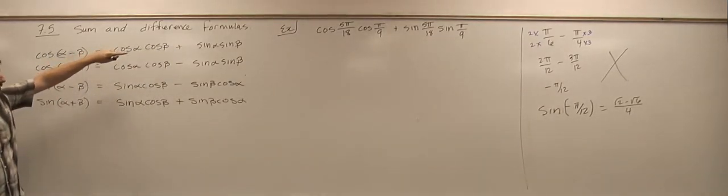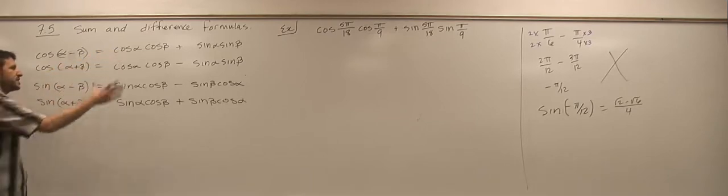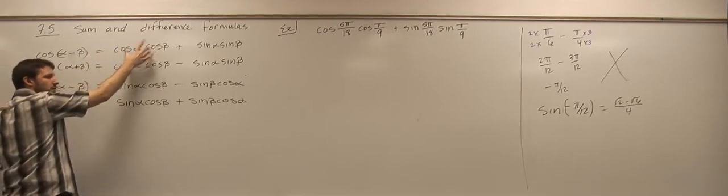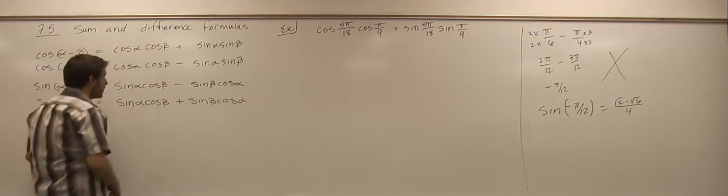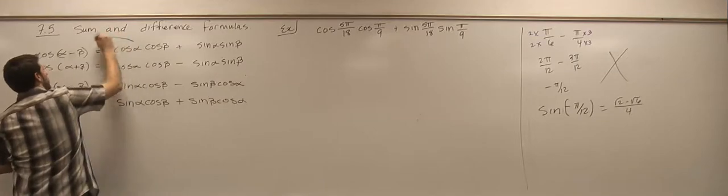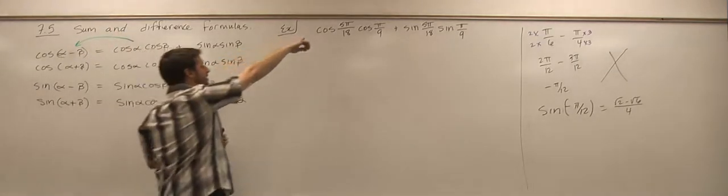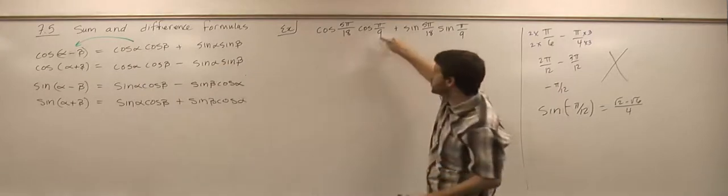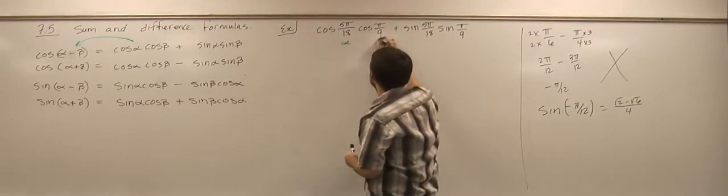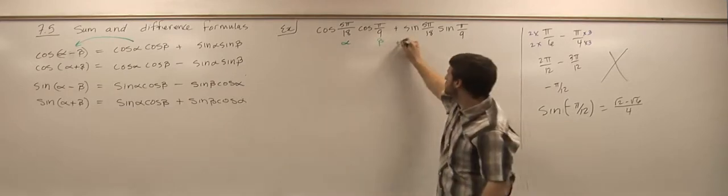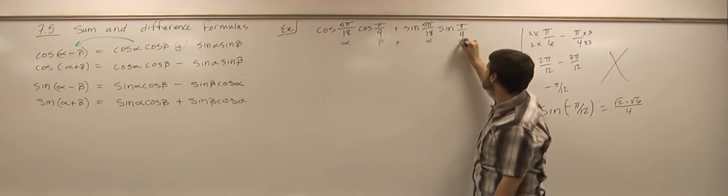So what the example's asking you to do, the way to find the exact value of this, is to first apply this formula backward, from right to left. So go this way. Because if you match this up, you have cos alpha cos beta, where this 5 pi over 18 is alpha and this guy's beta, plus sine alpha sine beta.